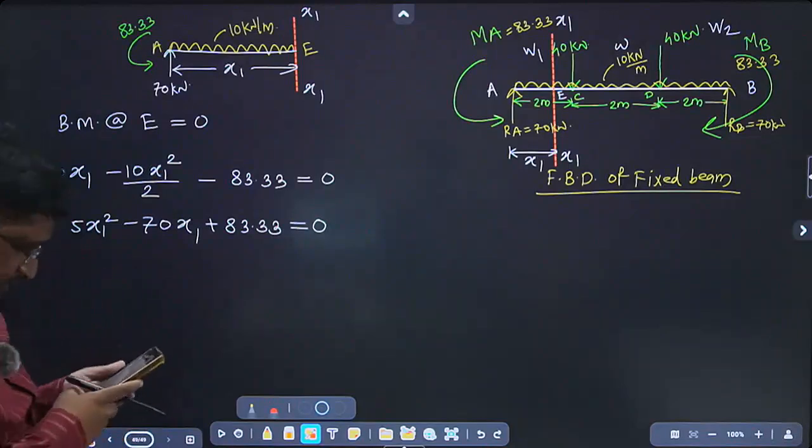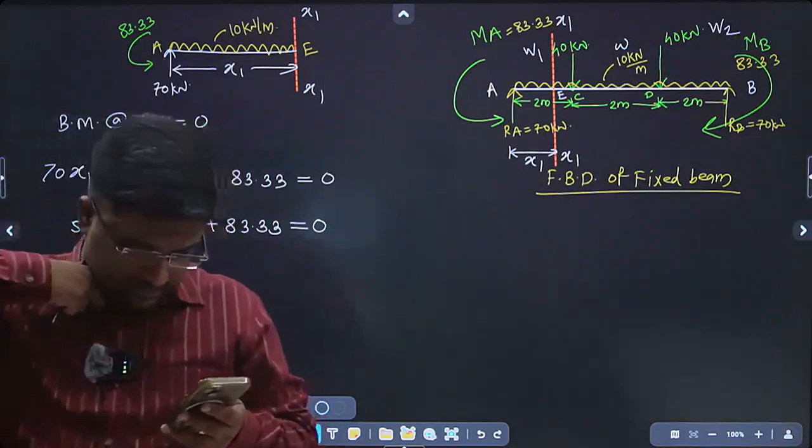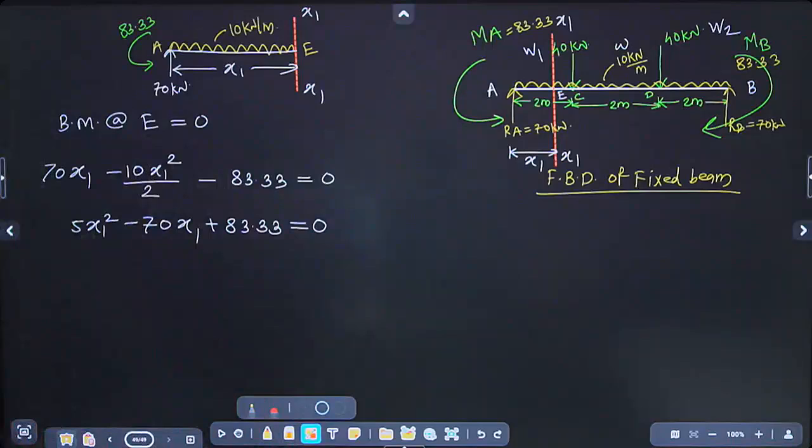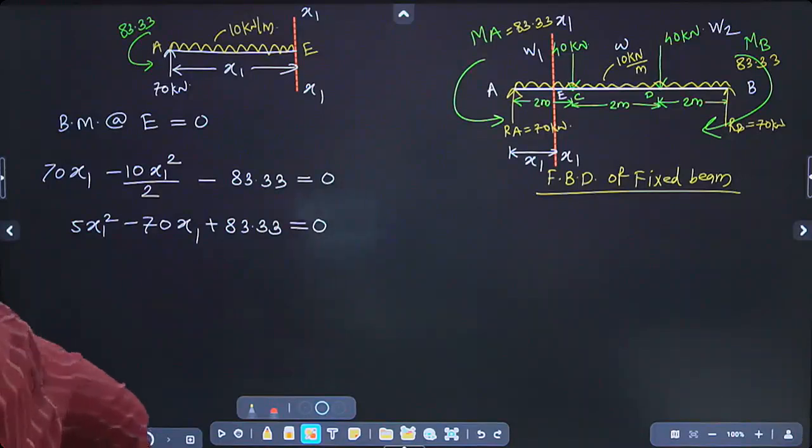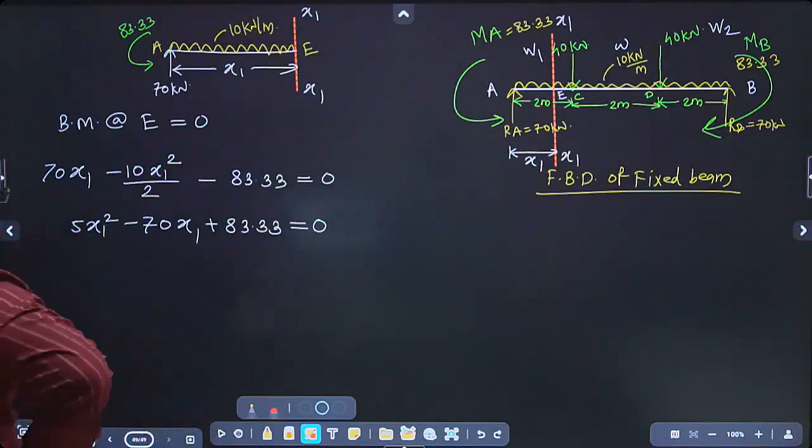What is the answer? 1.127. 1.12. Check the answer. Check the answer once again.